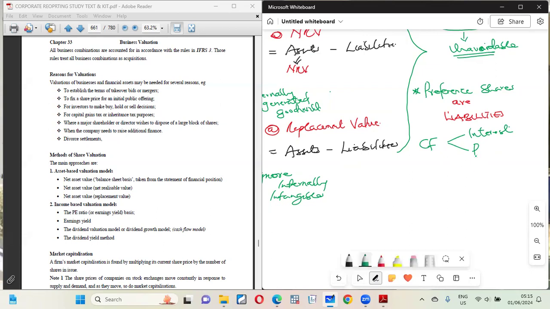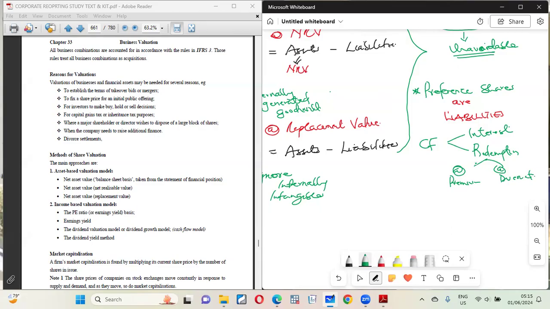The redemption can be at a premium, or it can be at a discount. So this is something you need to take note of.